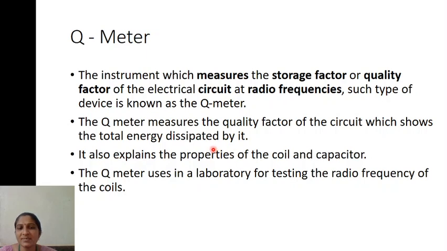Omega L represents the energy storage and resistance represents the energy dissipation. The ratio of these two will give you the quality factor. It also explains the properties of the coil and capacitor. The Q meter is used in the laboratory for testing the radio frequency of the coils.